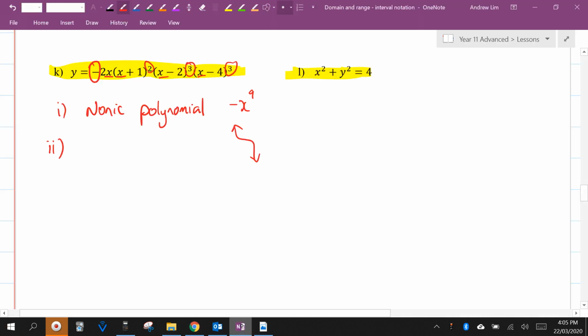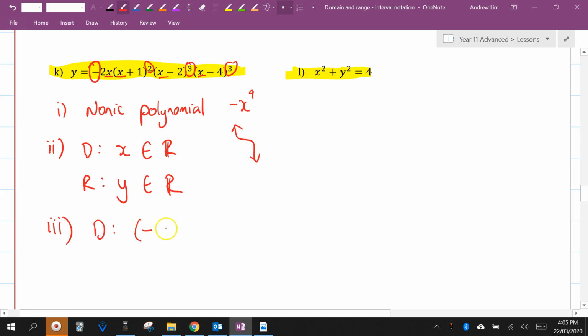So what does that mean? The domain. We know that the domain here is x is an element of all real numbers. It goes on forever. And for the range, y is also an element of all real numbers. Therefore, when we write this in interval notation, because the domain is all real numbers, it can be anything.